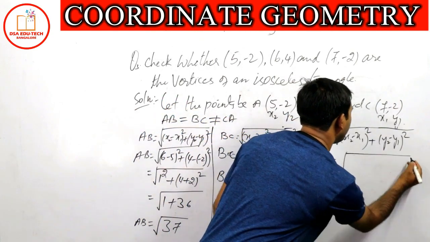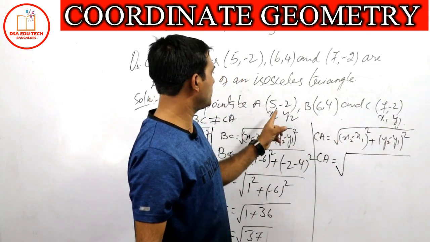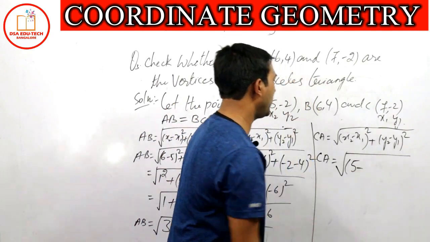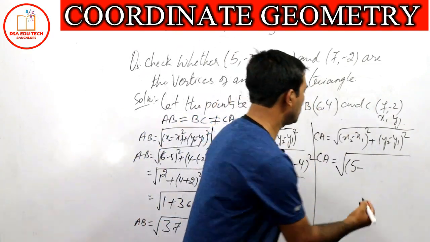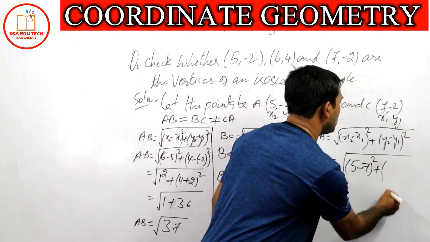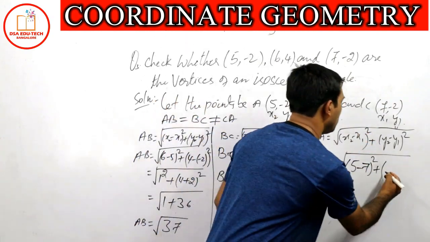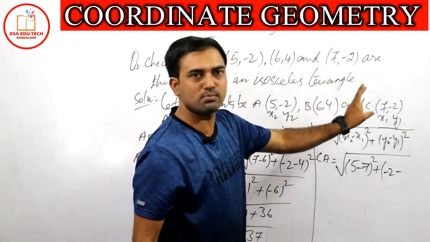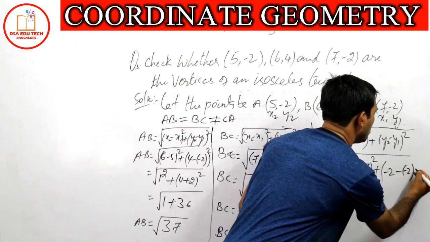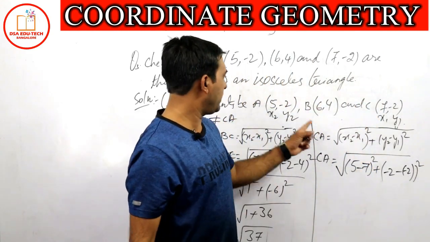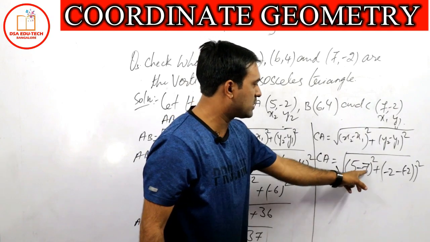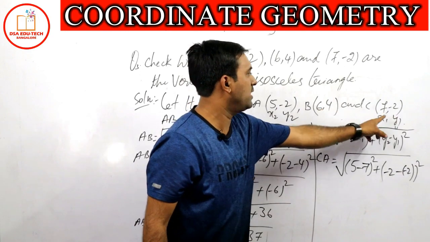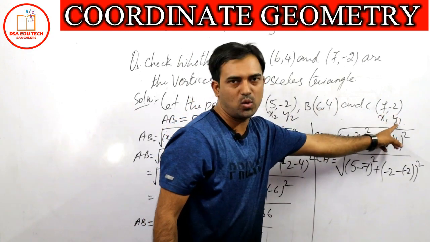Root under x2 is 5, minus x1 which is 7, so 7 whole square, plus y2 is minus 2, minus y1 is minus 2, so minus of minus 2 whole square. x1 is 7, so I wrote 7. x2 is 5, so I write 5. x2 minus x1, y2 minus y1.